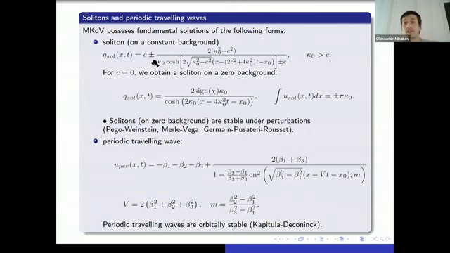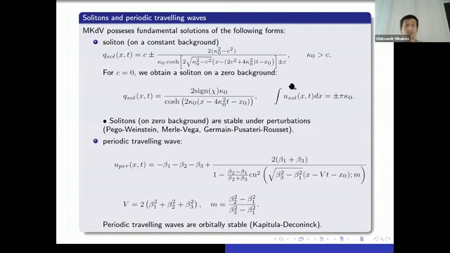Another distinction is that the MKdV equation is not Galilean invariant, which means that if you want to take solitons not on zero background, but on some constant background, we cannot obtain them just by some phase shifts and a constant. So solitons on constant backgrounds have a more complicated form, which is written here.